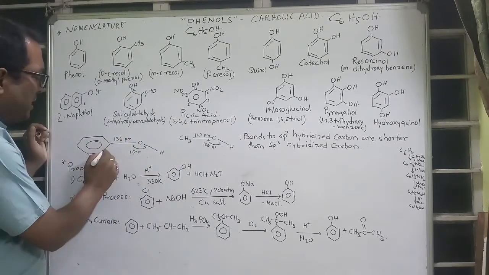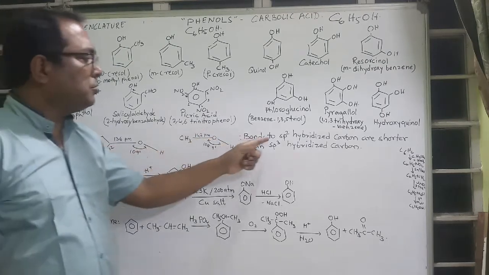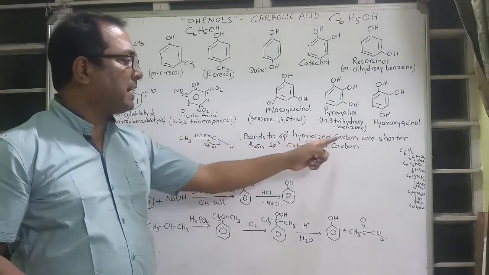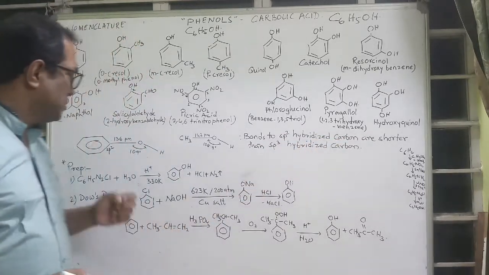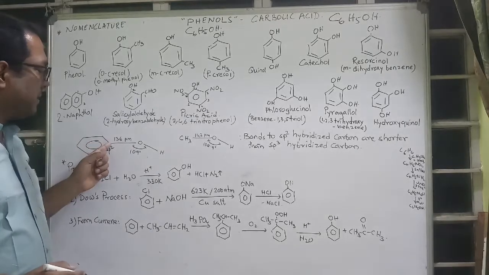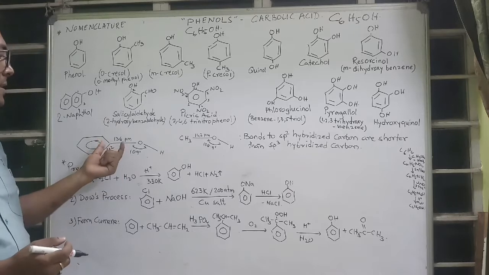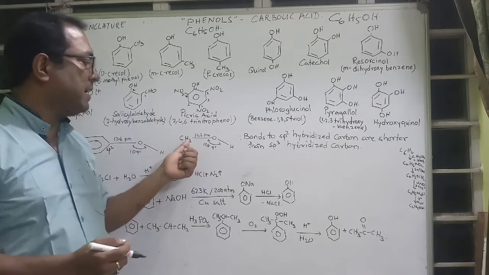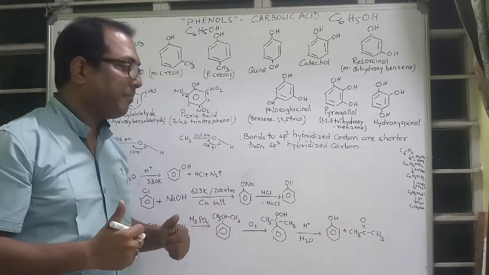Because benzene is an sp2 hybridized carbon. So bonds to the sp2 hybridized carbon are shorter than sp3 hybridized carbon. So here you can see this carbon being sp2 hybridized, it is shorter in distance with respect to that carbon which is sp3 hybridized.